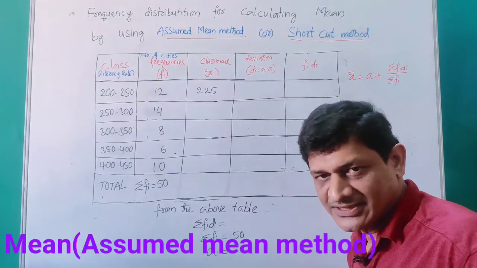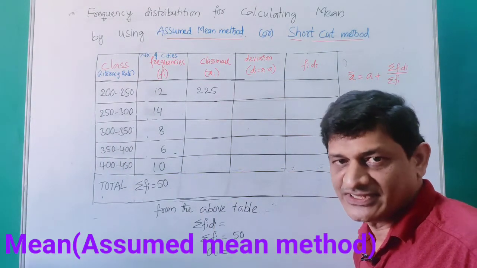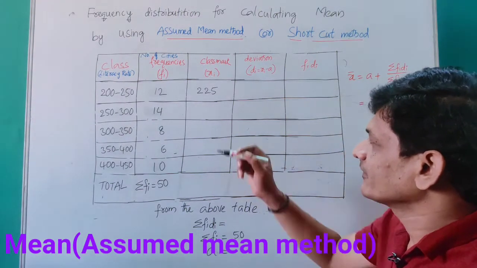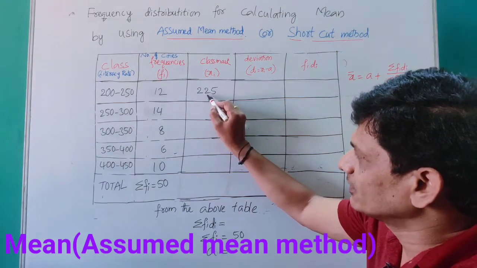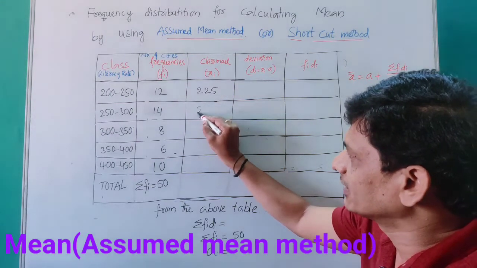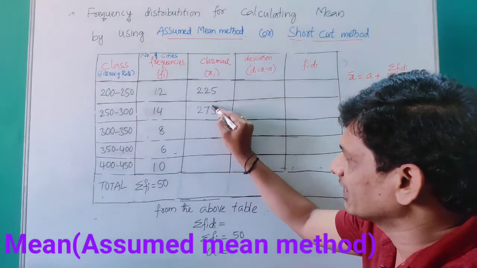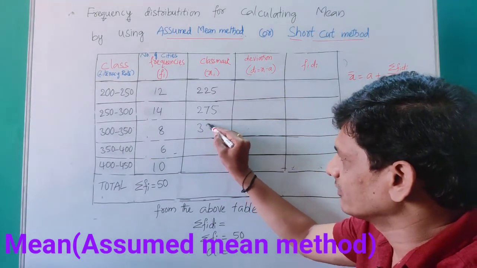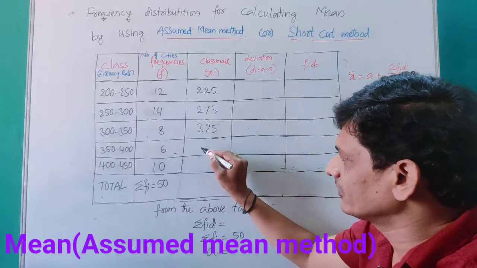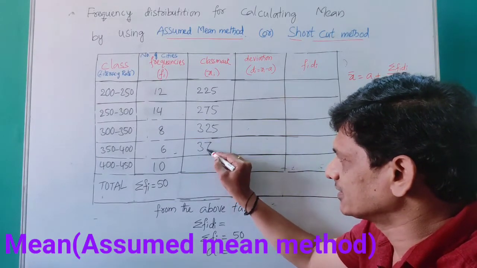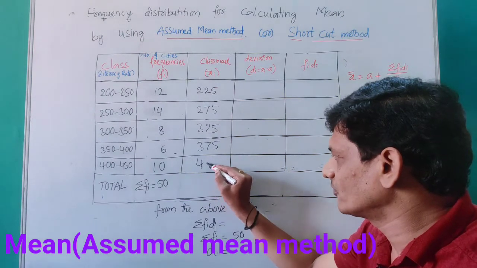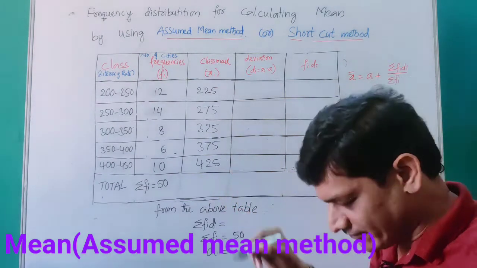So clearly the size of each class is 50. Add that 50 to the first mid value, you get the mid value of the second class. Then once again add 50, you get 325. 325 plus 50, 375. 375 plus 50, 425. These are the mid values.